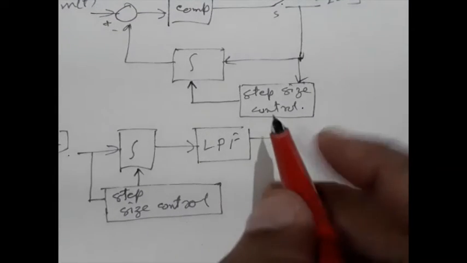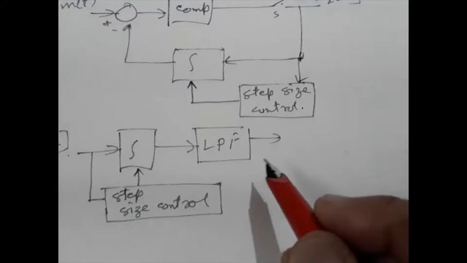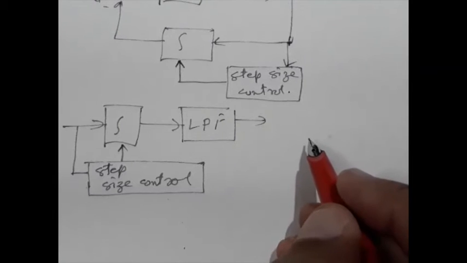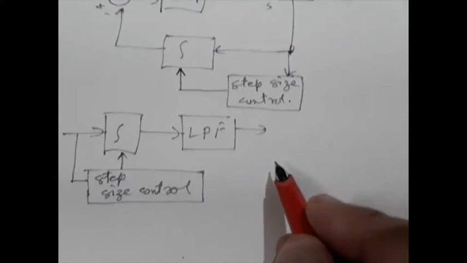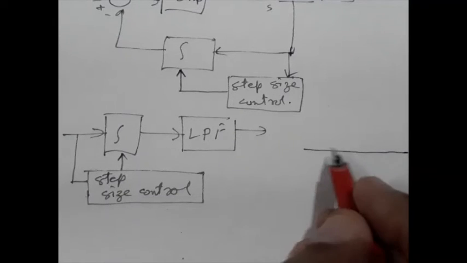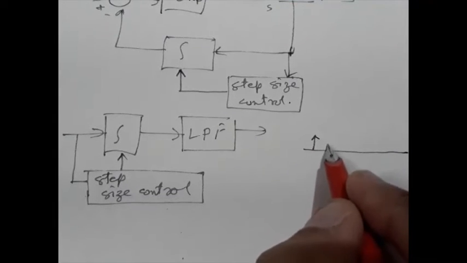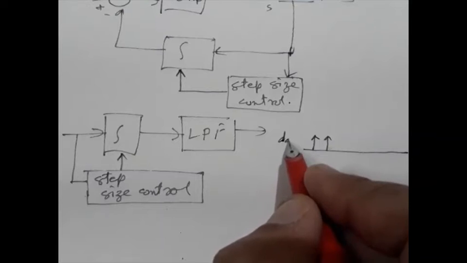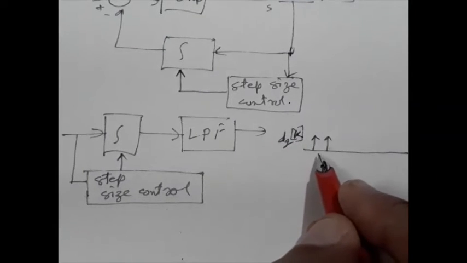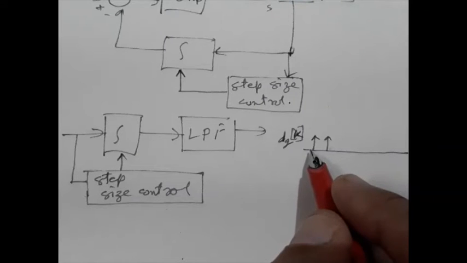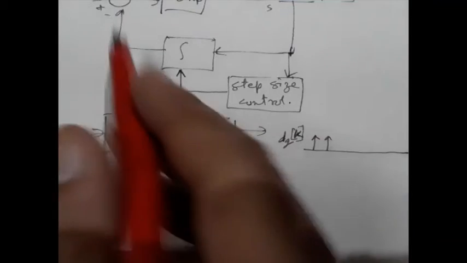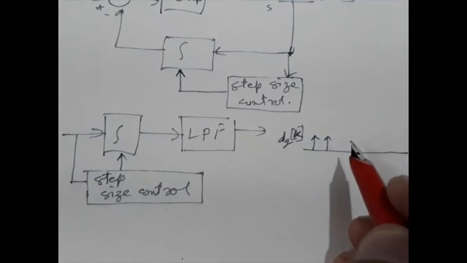So what should be the logic? There may be different logic, but from our analysis of the delta modulator, we have seen that by observing this dqk, we can get an idea of how MT is changing.